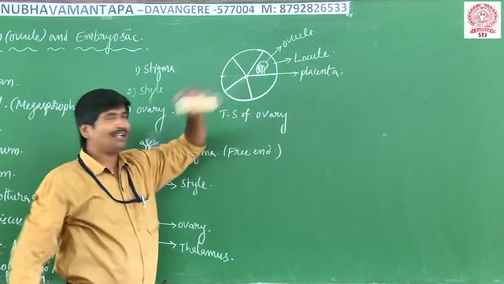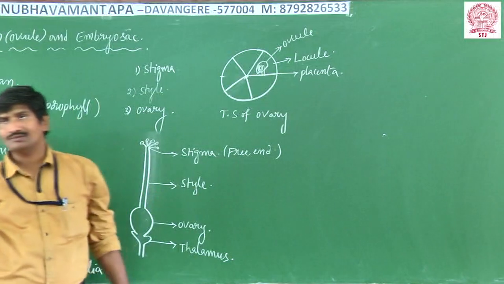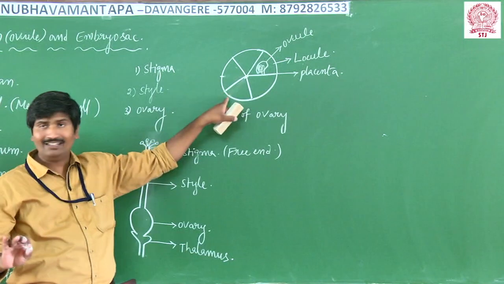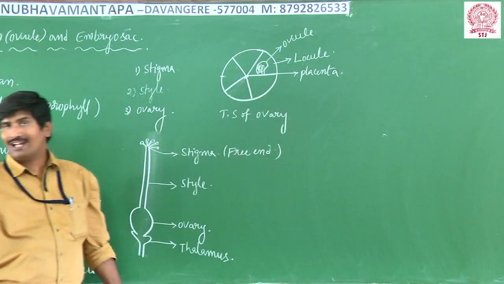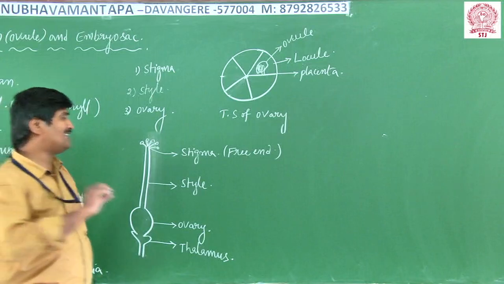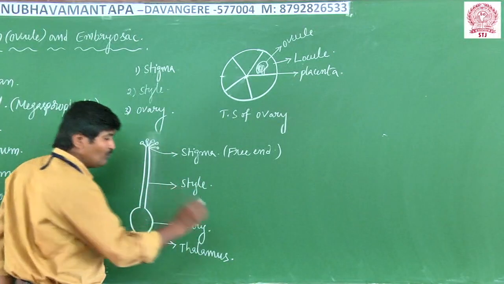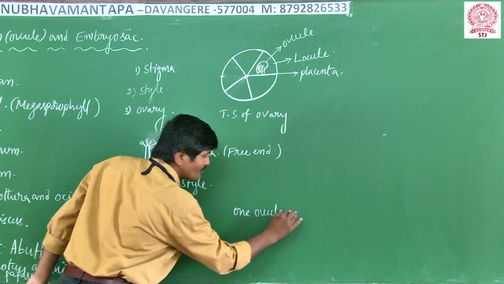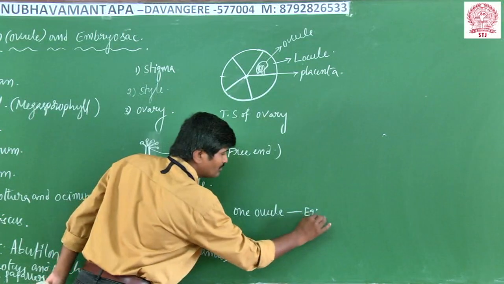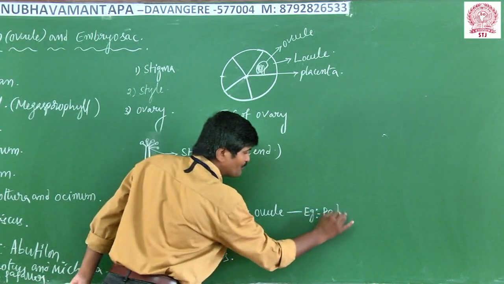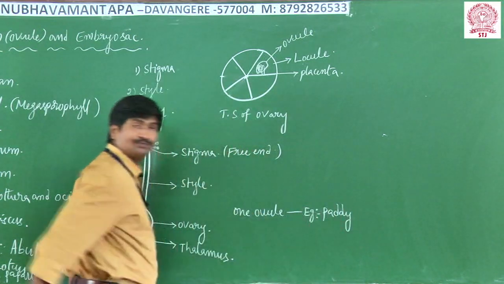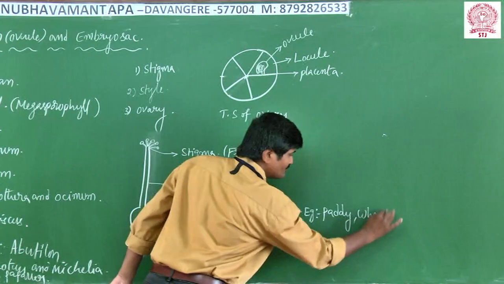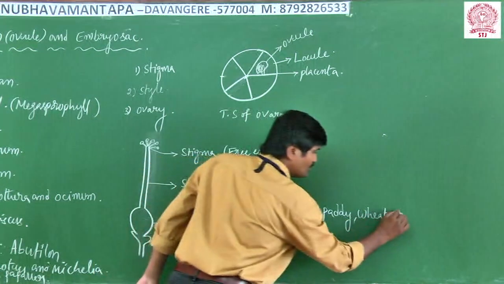Each locule may consist of ovules. Each ovary contains one ovule or more than one ovules. For example, some ovaries contain only one ovule. Examples: paddy, wheat, mango.